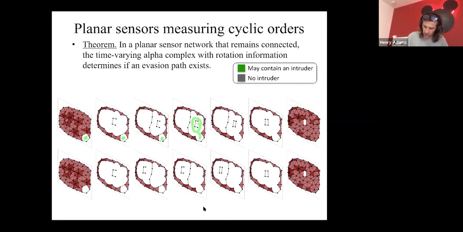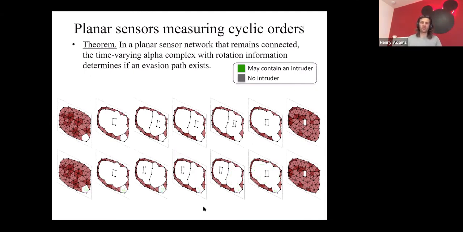The intruder could go inside this rectangle, and then the intruder wins. Whereas here, the intruder gets released, but can't go inside the rectangle. So the intruder's still over here. The intruder's outside the rectangle, looking in, and then sensors flood in from the boundary, and the intruder gets caught.